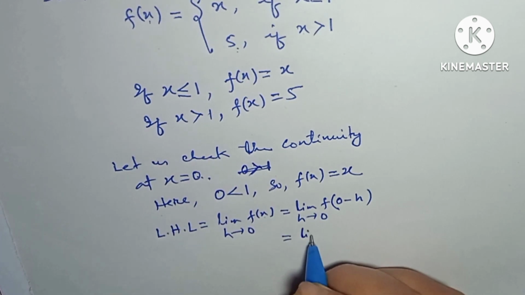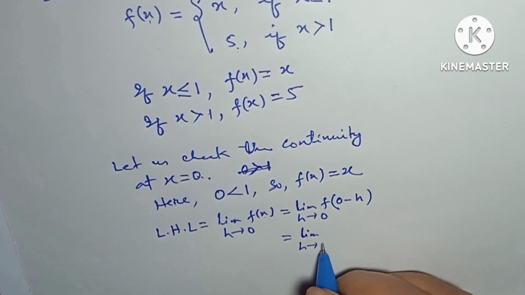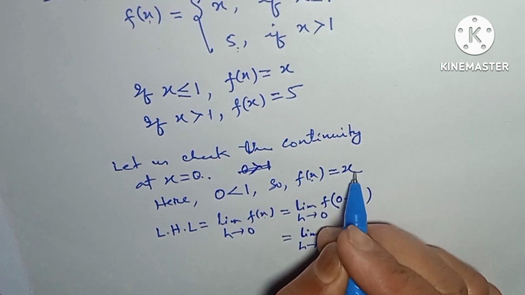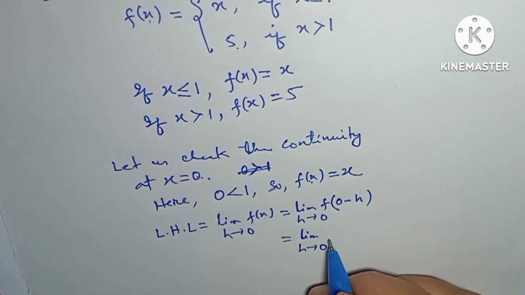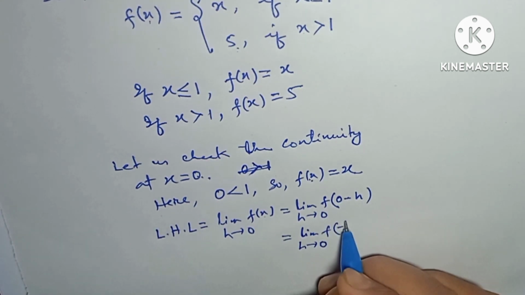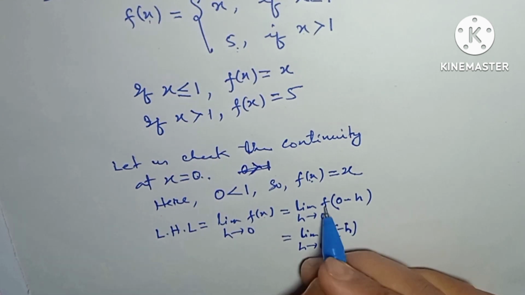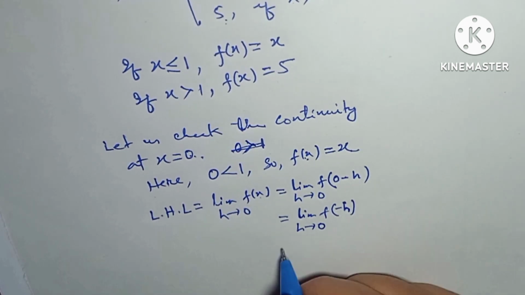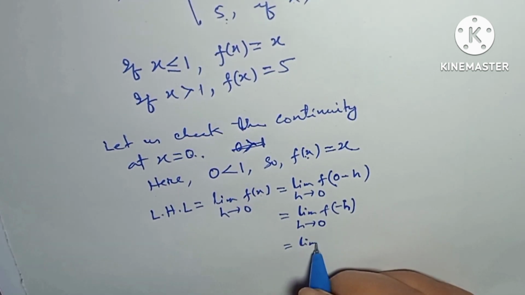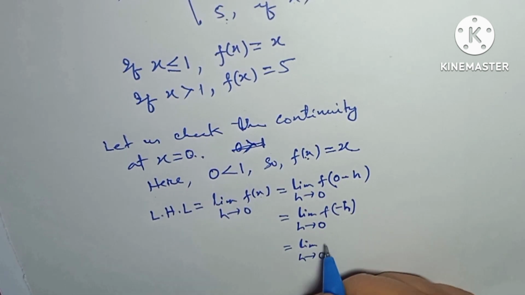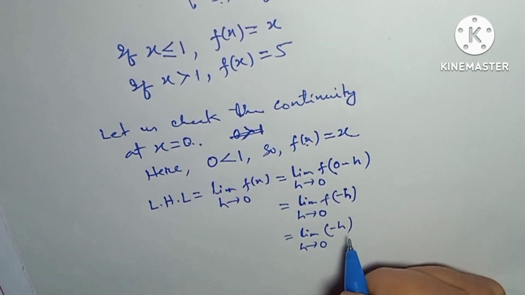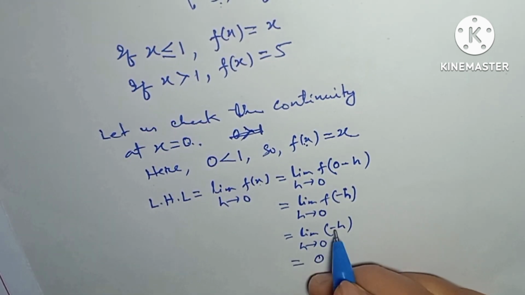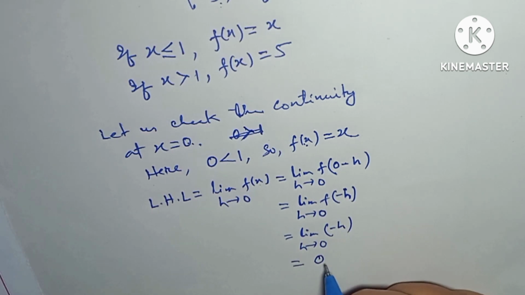Since f of x is equal to x, it is limit h approaches 0 of minus h, which is equal to 0. Putting the value h equal to 0, we get 0.